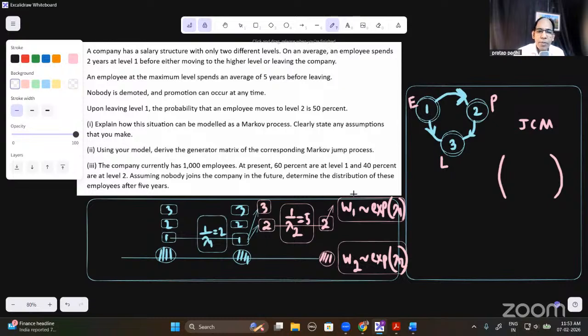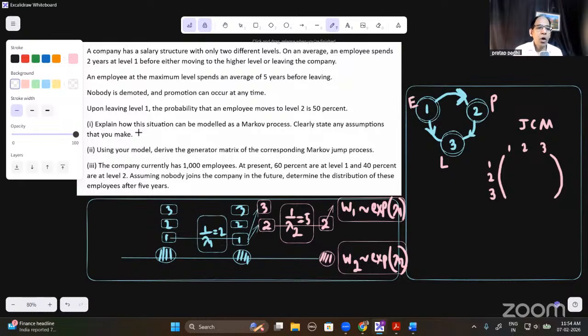Anyway, let me write the values here: 1, 2, 3 here, and 1, 2, 3 here. These are the values I need to write. The probability given here will not do anything, so nobody is demoted and promotion can occur at any time.